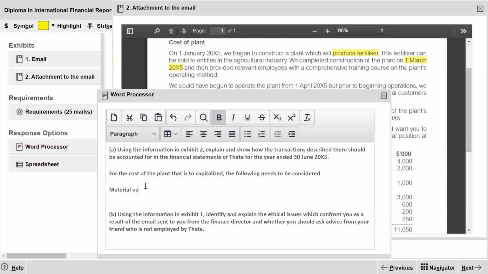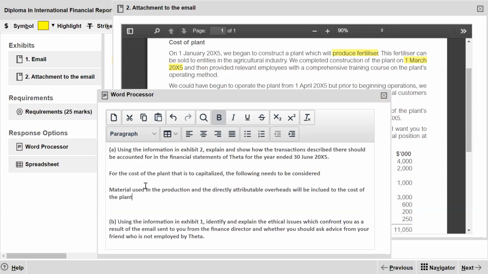The materials used in the production and the directly attributable overheads will be included in the cost of the plant.